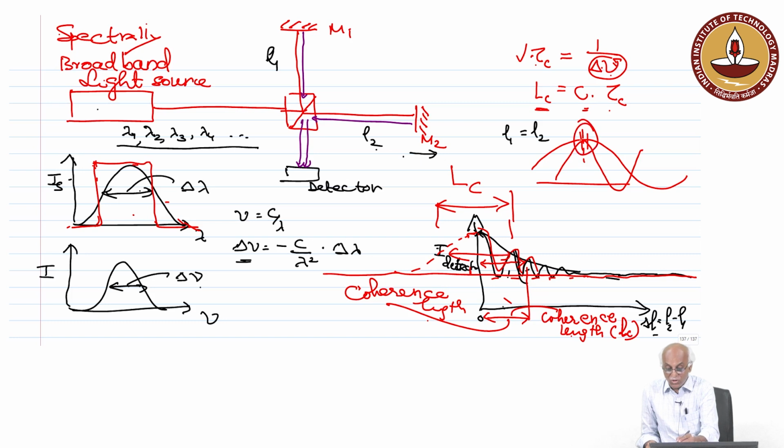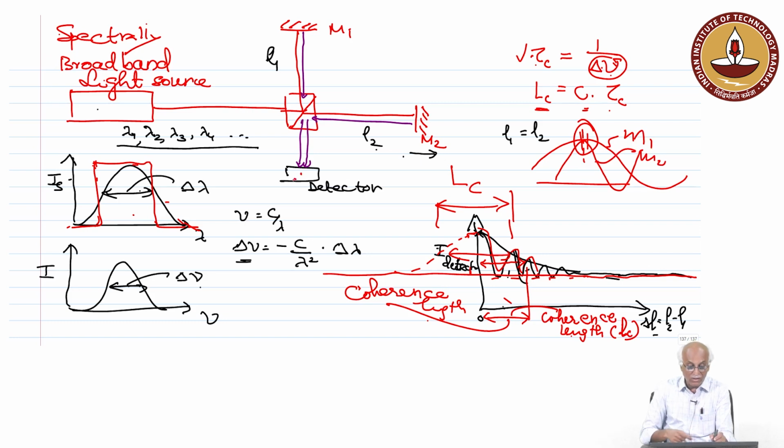If all the waves have the same phase, then the interference intensity is going to be large enough. But as the phase variation comes into the picture, the intensity will be affected by the total sum of all these modes: mode 1, mode 2, all these different wavelengths.